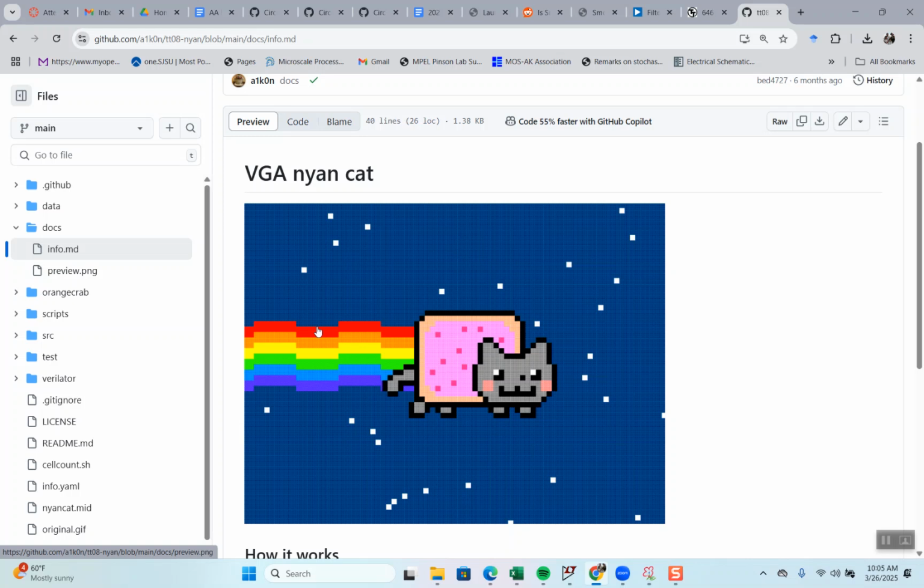Now, I ordered some FPGA boards that you can plug into the monitor, so if people wanted to do it on the FPGA project, you could just port it to that board.